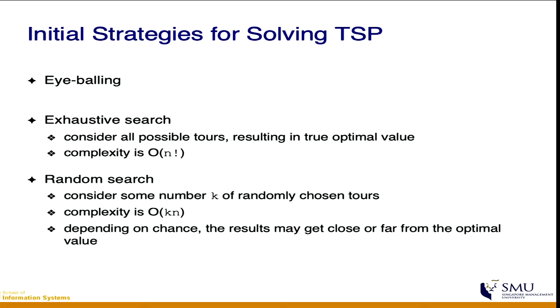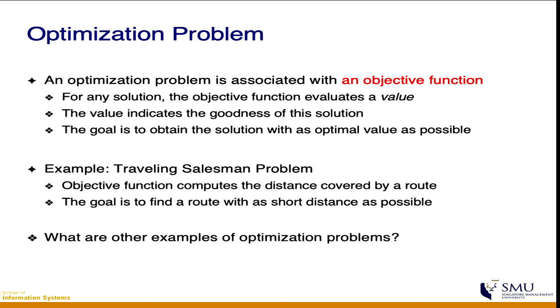Instead, what we're going to do is approach this as an optimization problem. The keyword is optimization, so you want to optimize something. What is it that you want to optimize? Most of the time, we are going to talk about a single objective function. In more complex problems, you might have more than one objective. But in the case of traveling salesman, the objective is simple: you want to minimize the distance. There is no other criterion, only the distance.